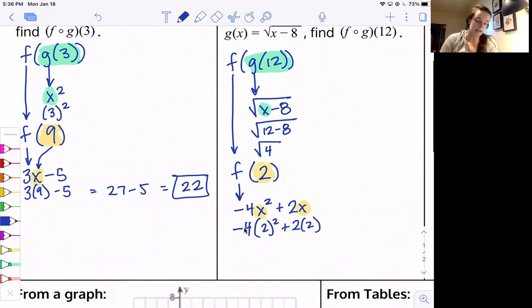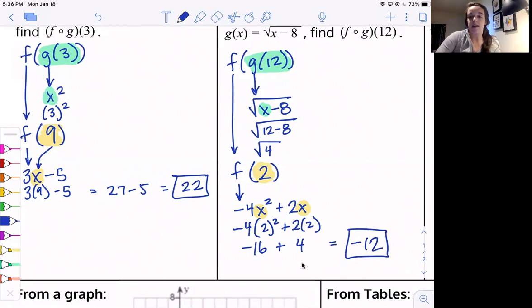I'm substituting that x in for 2. And I'm going to use PEMDAS if you need that to remind you. I'm going to start with my exponents. 2 squared would be 4. 4 times negative 4 is negative 16, plus 4 would be equal to negative 12. So I'd say that negative 12 is f of g of 12. You could say the composition of f and g of 12.